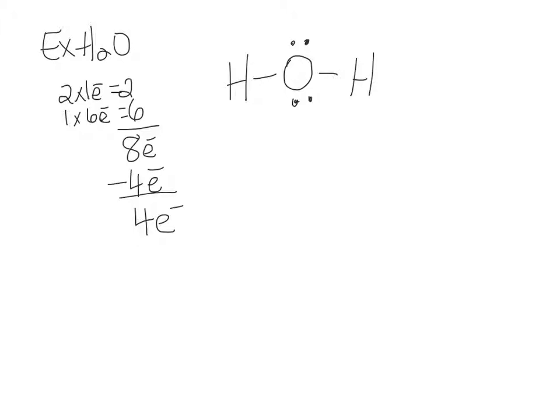Does oxygen have enough electrons? Yes. Because it wants to have 8, right? So 2, 4, 6, 8. I've used all my electrons. That's my Lewis structure. And we just basically did steps 1 through 6.